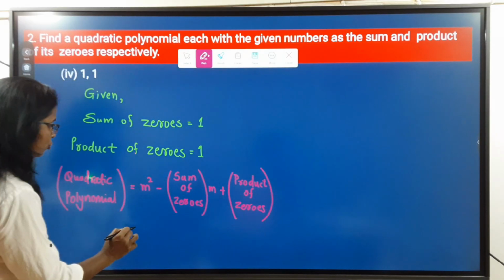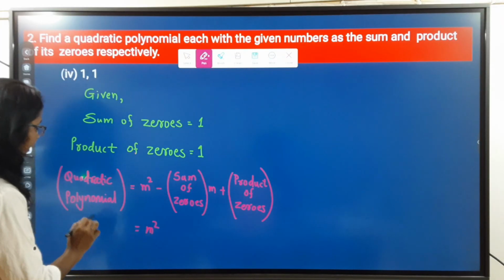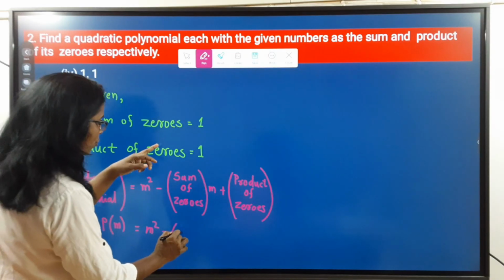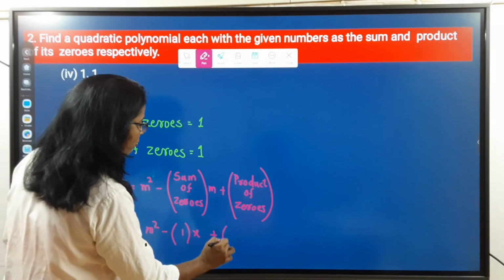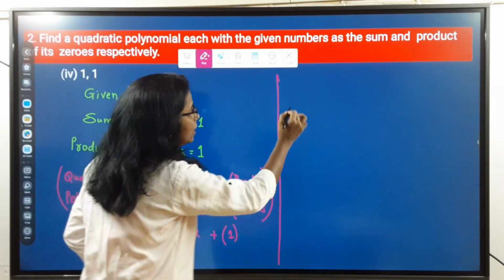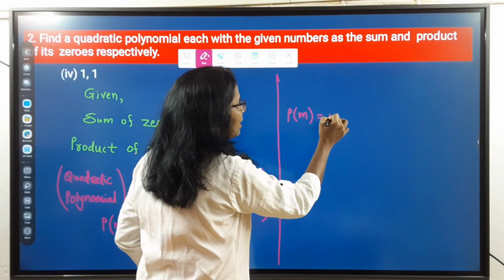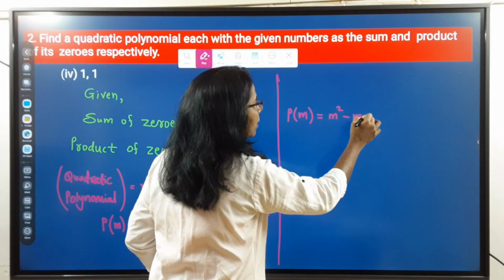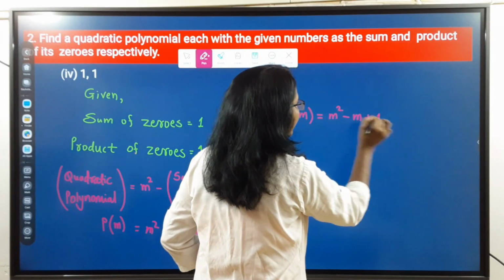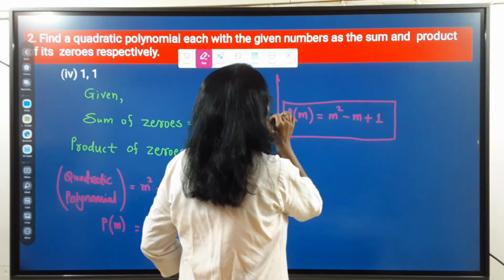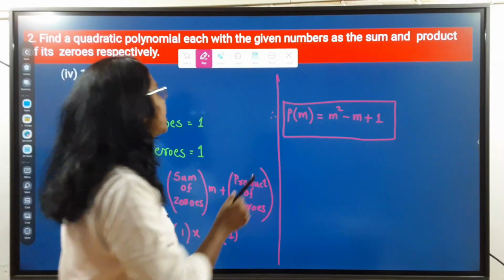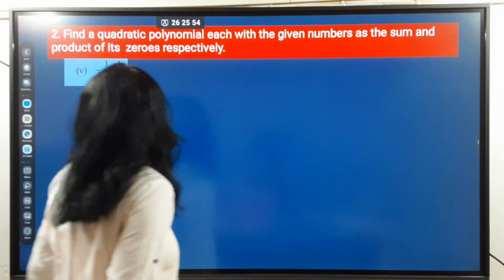Okay. Then here students, that quadratic polynomial in terms of n, so p of n is equal to n square minus 1n plus 1. So here we get the required quadratic polynomial as p of n is equal to n square minus n plus 1. So this is the required quadratic polynomial. Okay students, this is the required quadratic polynomial. Okay. Then next one example students.